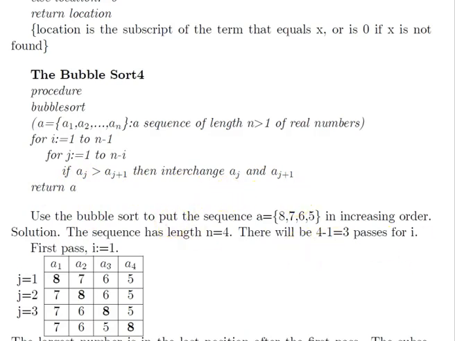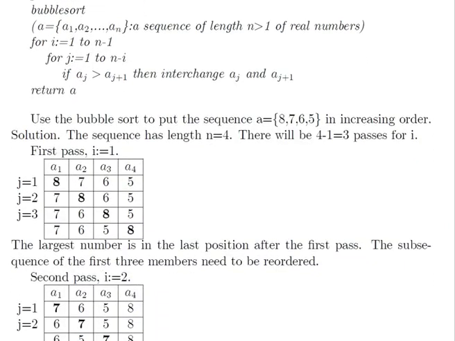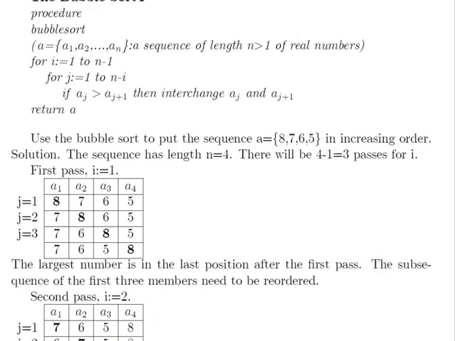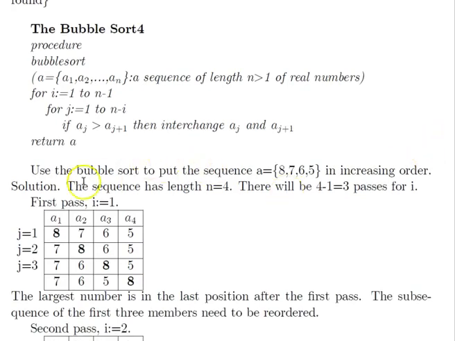We consider this input to see how the algorithm works. The input sequence is 8, 7, 6, 5. Use the bubble sort procedure to sort the sequence A in increasing order.